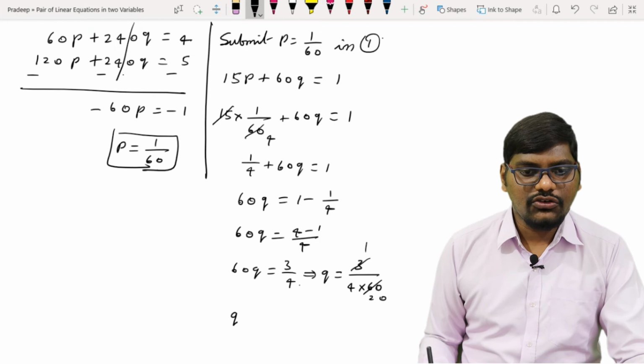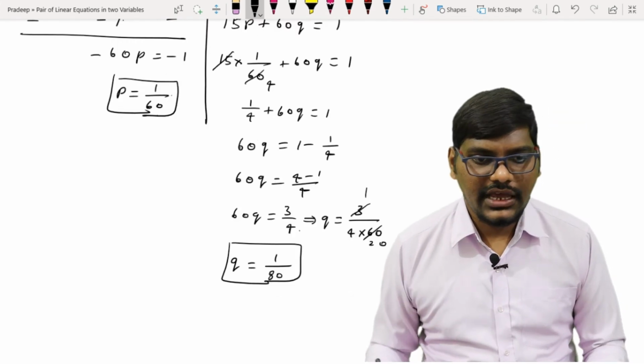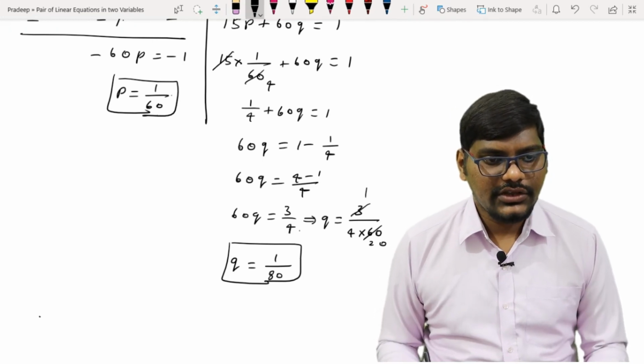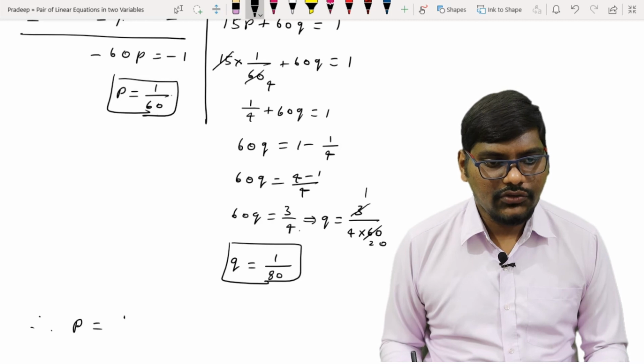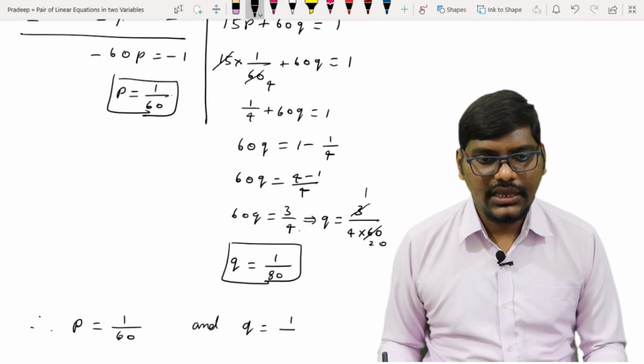So we'll be getting q equal to 1 by 4 2s are 8, that is q we are getting 1 by 80. So now we got p value as 1 by 60 and q value 1 by 80. Therefore p is equal to 1 by 60 and q is equal to 1 by 80.